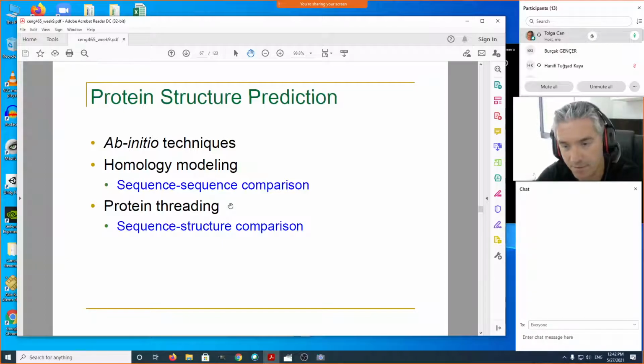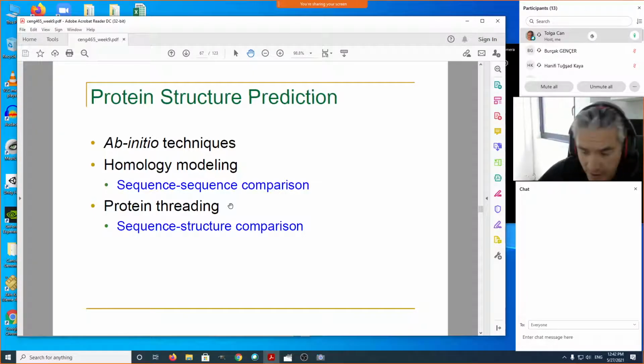Now we have mentioned ab initio techniques, which we said can only work for small proteins. They don't make use of previously known structures, and they make use of physiochemical properties and try to optimize certain things like hydrophobic contacts.